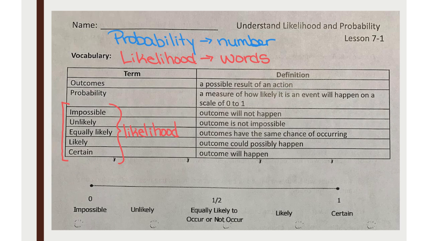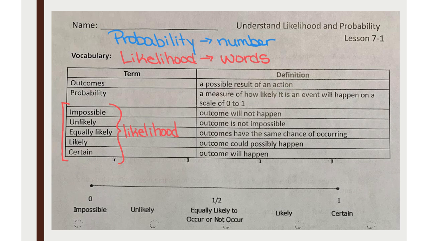If I hand you that same bag of pennies and ask the chance you're going to pull out a penny, it's 100%. That's guaranteed because that's the only thing that can happen. So when we talk about something being impossible versus certain, it's very obvious. Nothing else can happen, or it's the only thing that can happen.